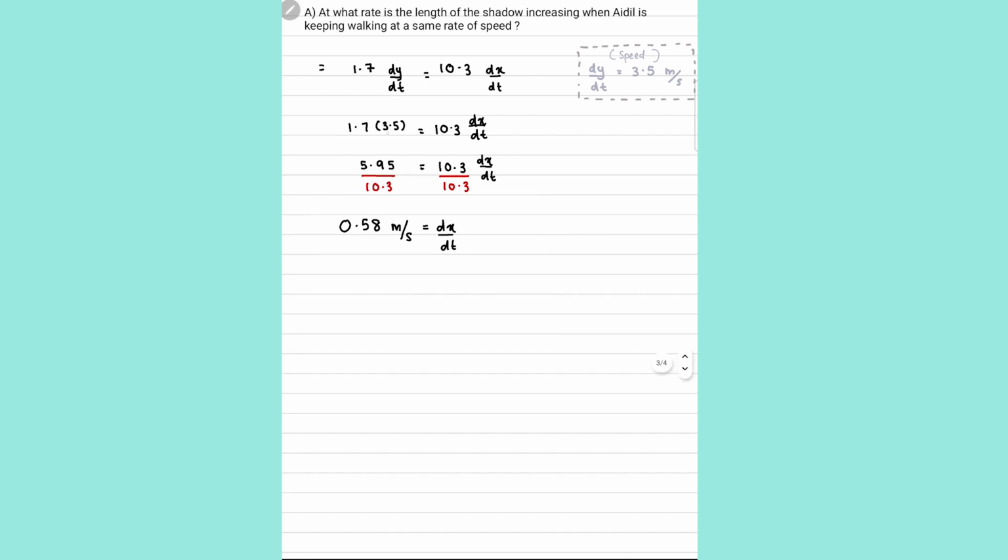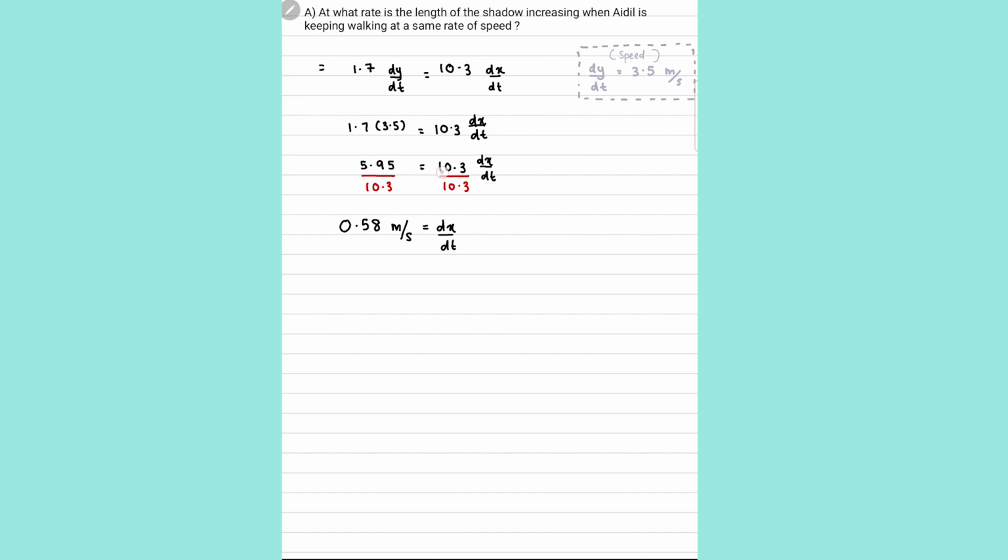Then after we are done with the multiplication, we have 5.95 equals 10.3 dx over dt. Now we don't need this 10.3 because we have to find dx over dt, which is the shadow of Ideal.